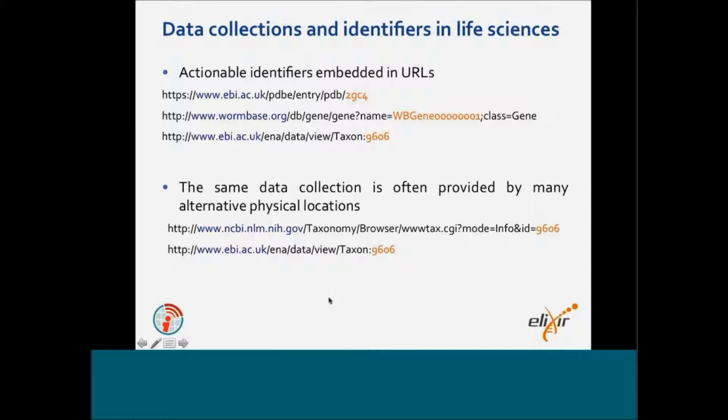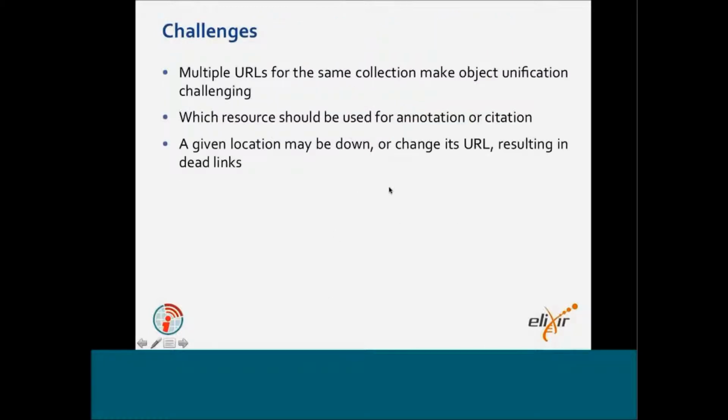So assigning identifiers is a great start, but the way we use them currently poses some challenges. The main challenge is the object unification between these different collections. If you have multiple URLs to represent the same thing, how do we know it is the same thing?